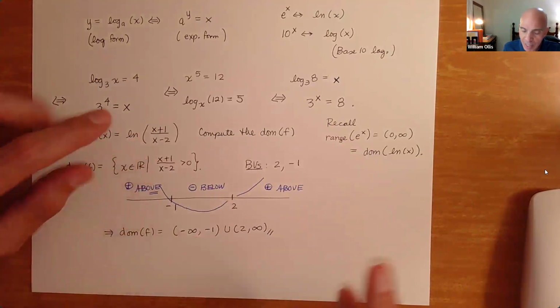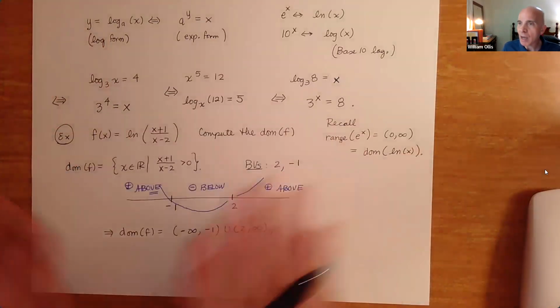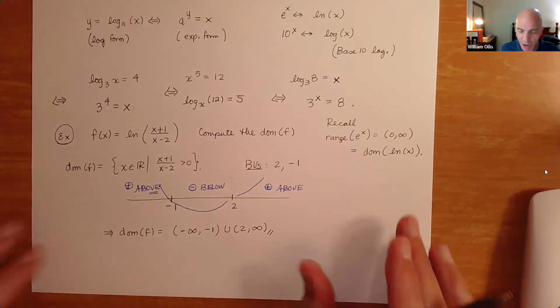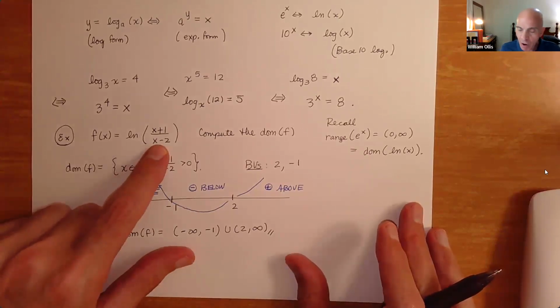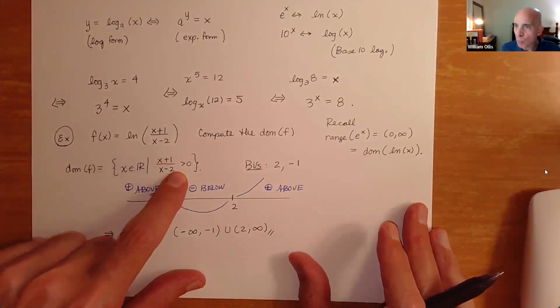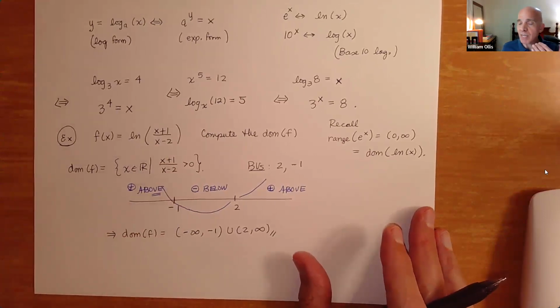Okay, so again, the beauty of all of the work that we've done to this point allows us to analyze logarithm functions. So just remember as you work with the logarithm, the argument must be positive, and that will give you the inequality which you must solve. What we're going to find as we get prepared for the calculus is that we're going to be solving a lot of inequalities.